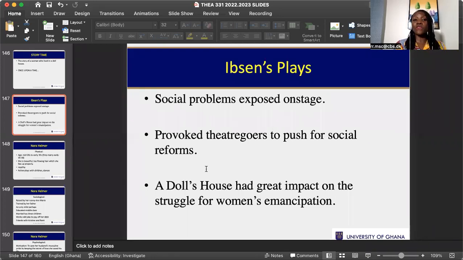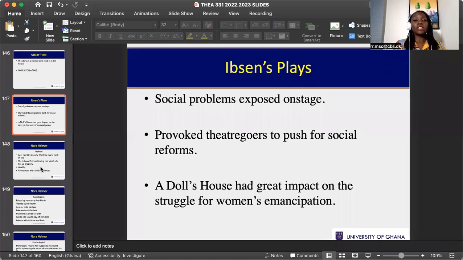And because of how strong the play is and its effectiveness at calling attention to what is wrong with society, there were several actresses who wouldn't play Nora at the time because they saw themselves as the kind of women who would never leave their children or husbands behind.